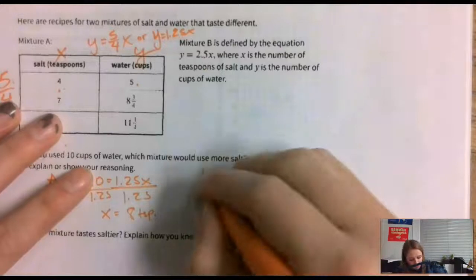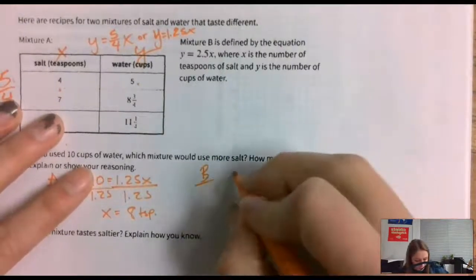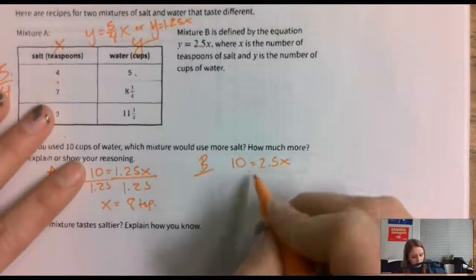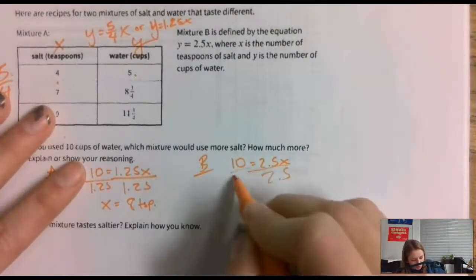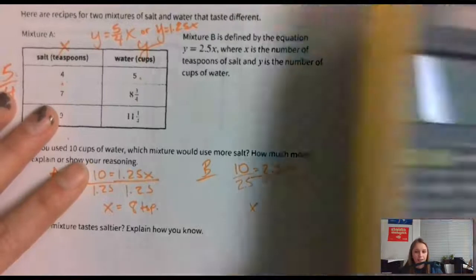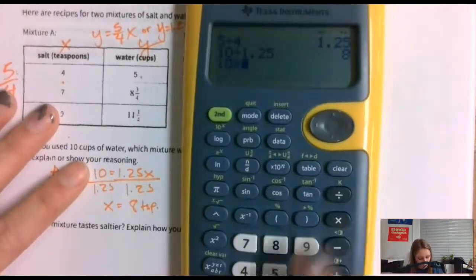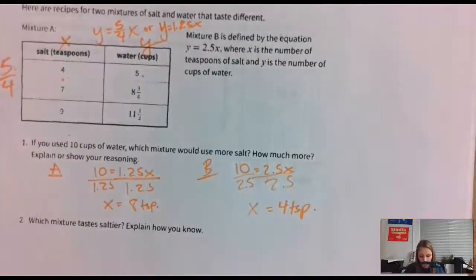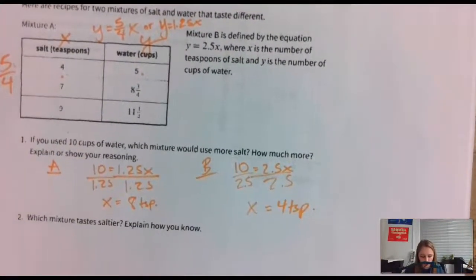Alright, now let's look at mixture B. We're going to do the same thing. So 10 equals 2.5x. Divide by 2.5. And x equals 4. Okay, so it says, which one would use more salt?